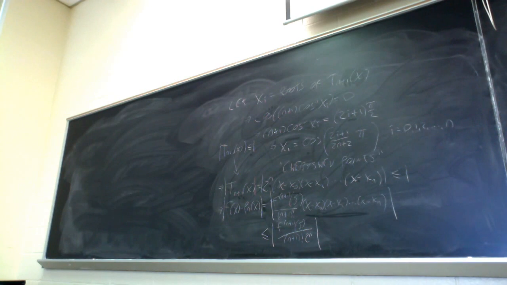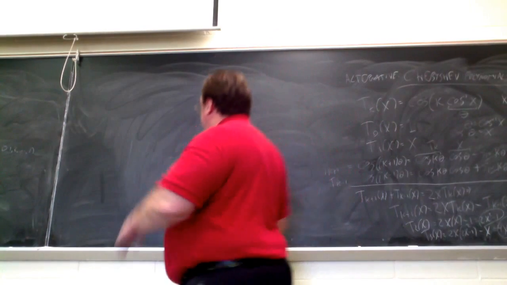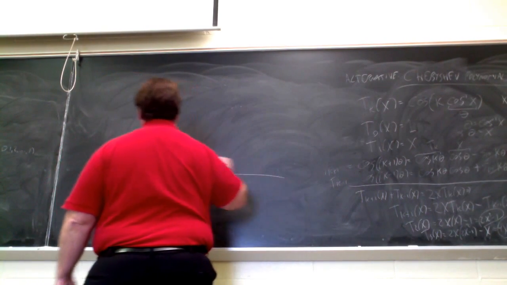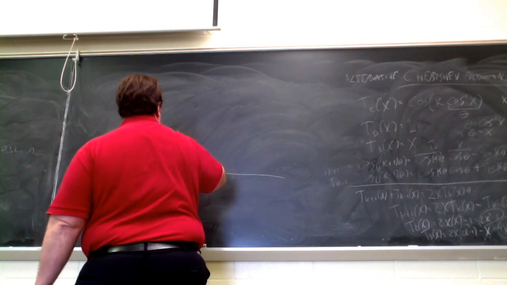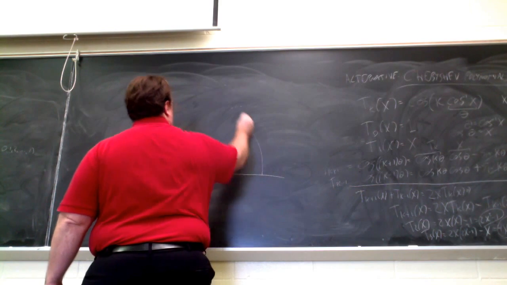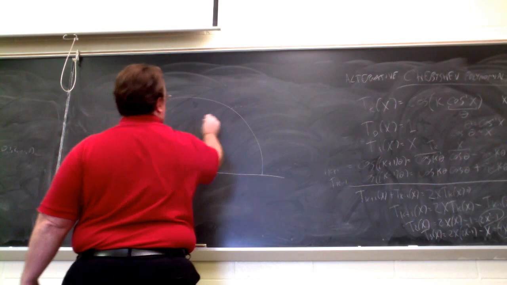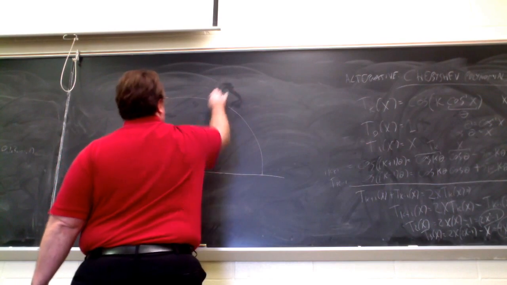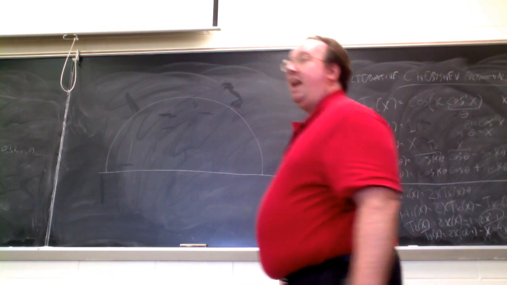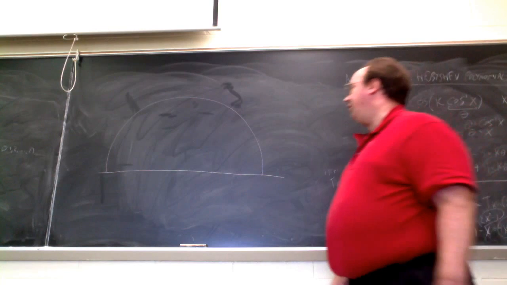I can actually show you how they're distributed. I think we'll be out of time at that point. Because the idea is, instead of being equally spaced along the x-axis, they're equally spaced along the circle, that's a semi-decent semicircle.